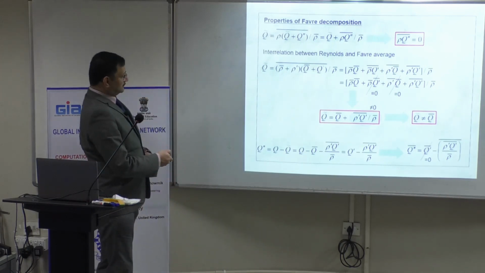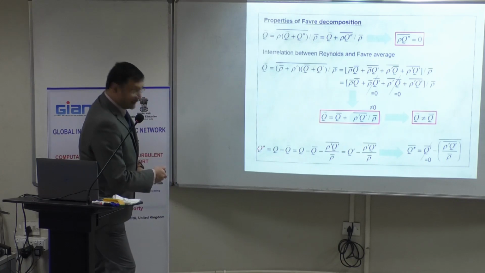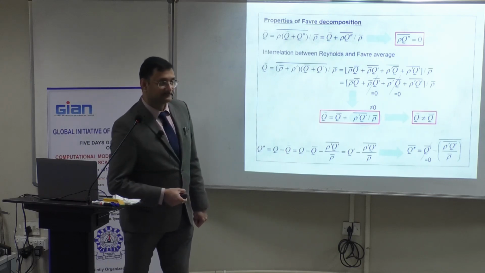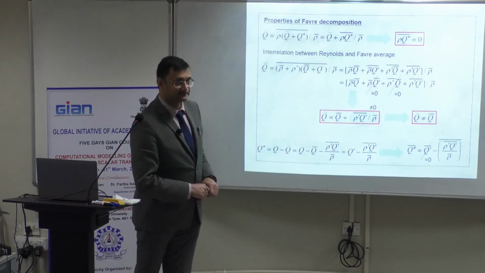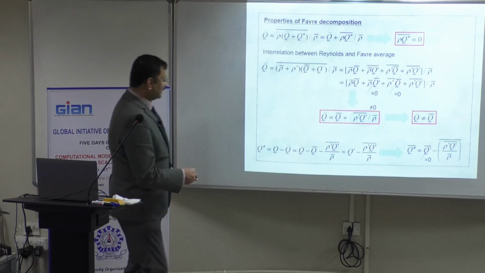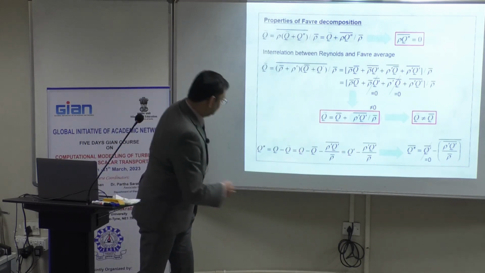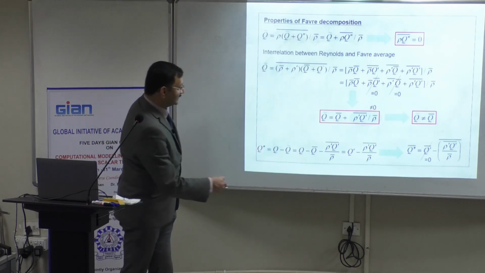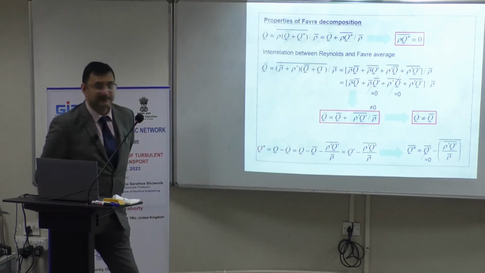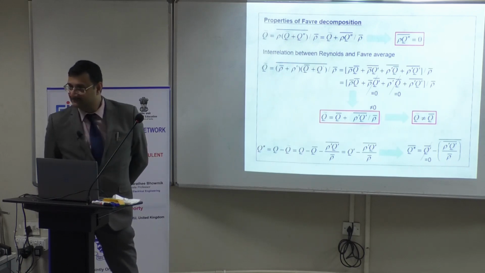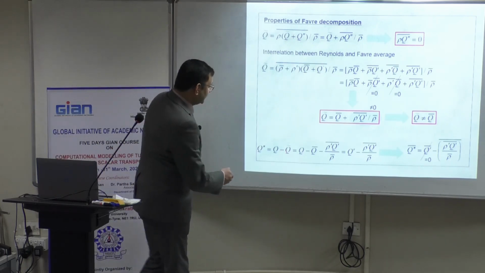Now, Q double prime, the Favre fluctuation, is defined by Q minus the Favre mean value, as we discussed. So, if I now put this in, this is the expression for the Favre fluctuation. Clear? Happy with that? What I have done is nothing new.